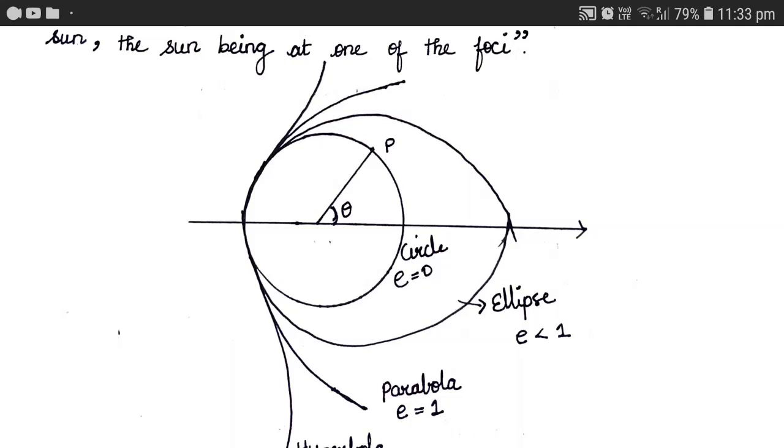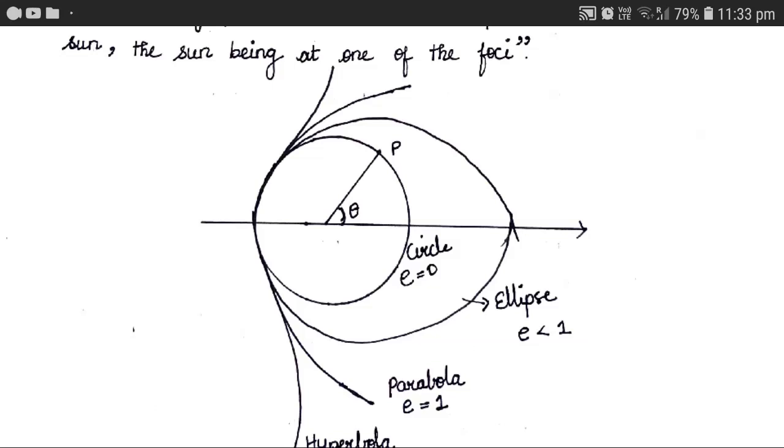But he did not have any theoretical presentation for his observation. Thus, central force gives a theoretical deduction for his first law.